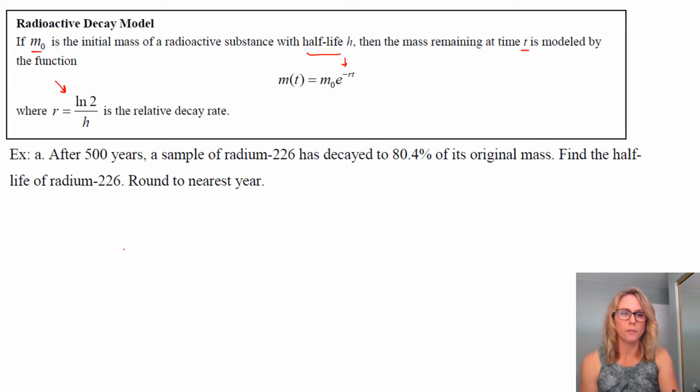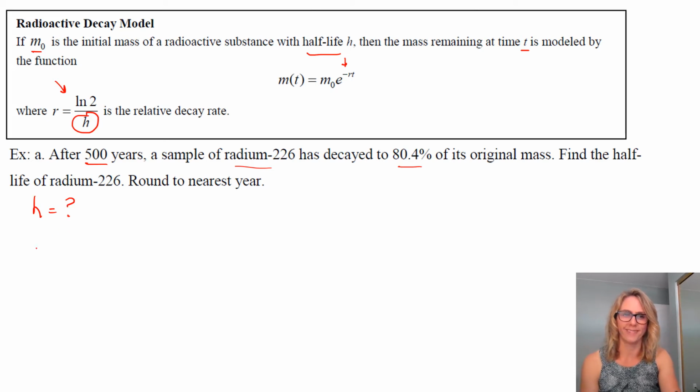After 500 years, it's a long time, we have a sample of a radioactive substance. It has decayed to 80.4% of its original mass. So after 500 years, find the half-life of radium-226. Notice the half-life is h. That's what we're trying to find.